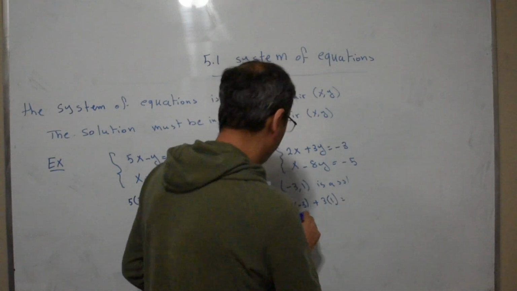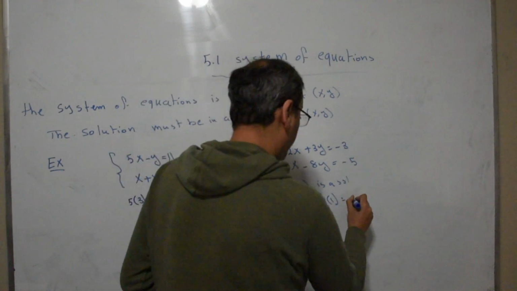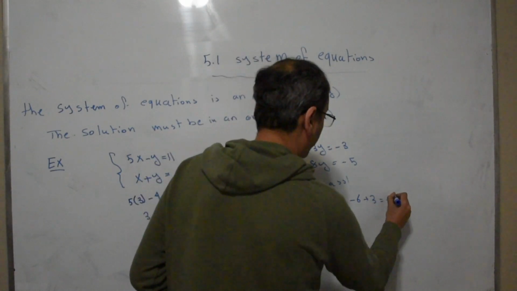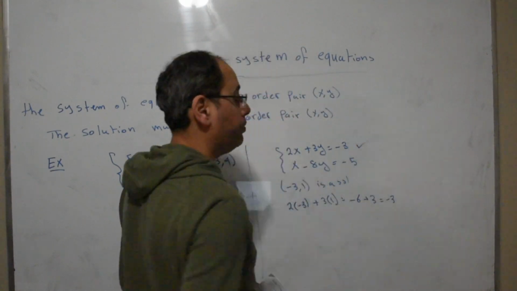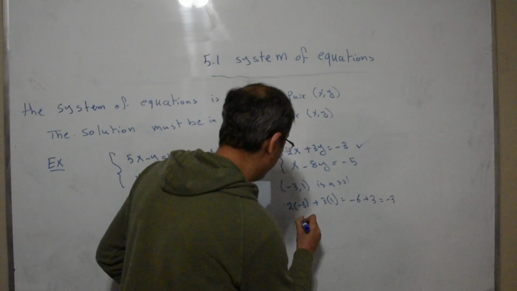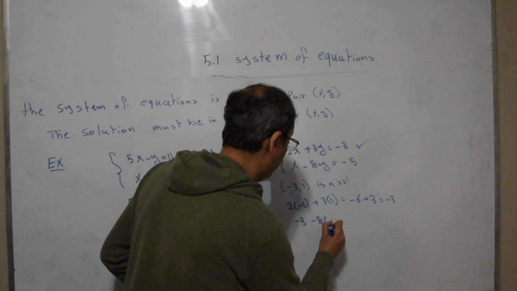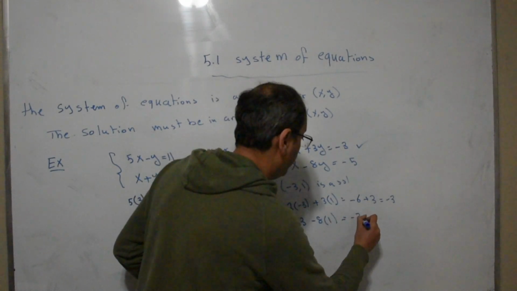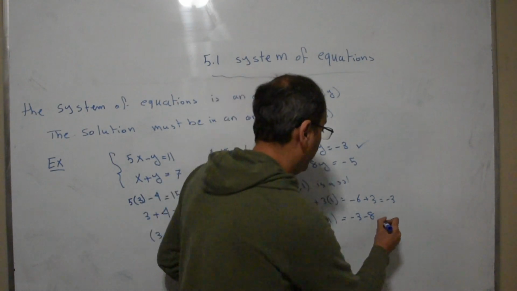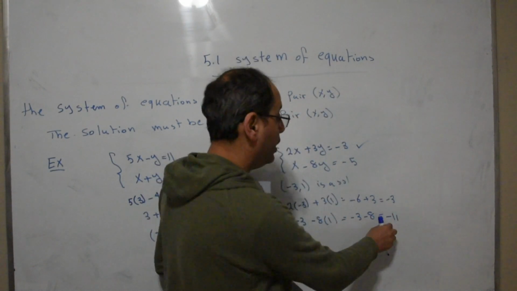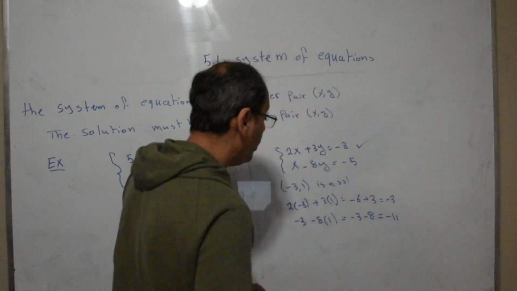And how much is that? 2 times negative 3 is negative 6, plus 3 times 1 is 3, so I get negative 3. Correct? Let's plug it in the second equation. So I have negative 3 minus 8 times 1, which is negative 3 minus 8, a negative 11. Uh-oh, this one does not equal that.